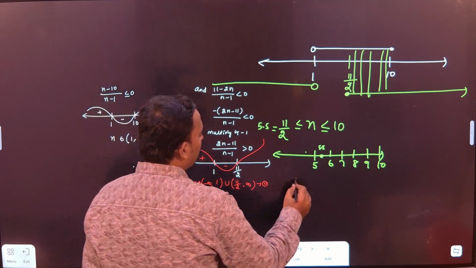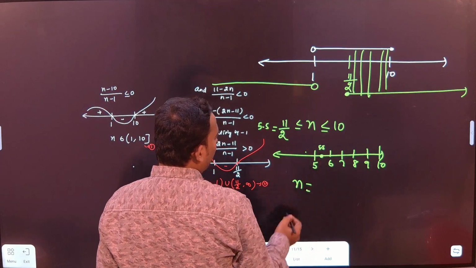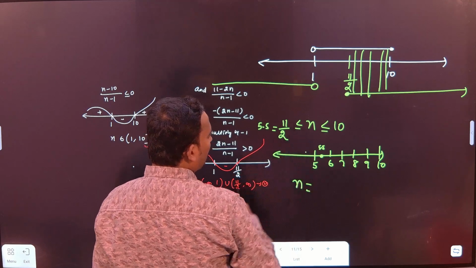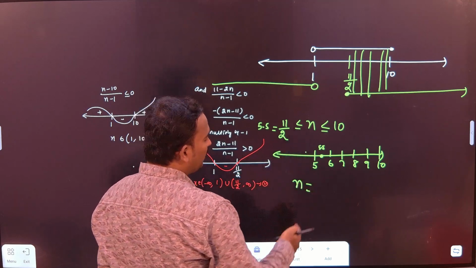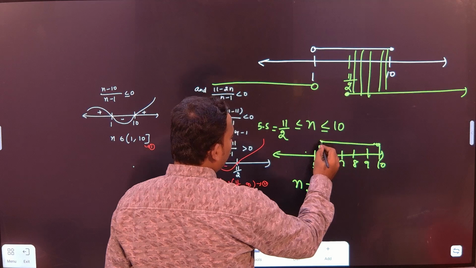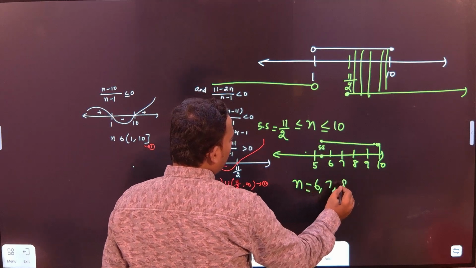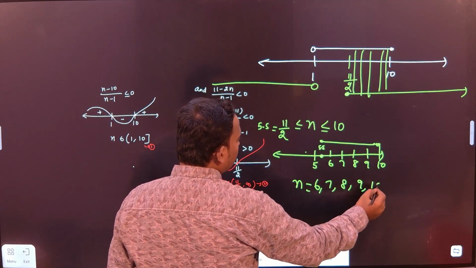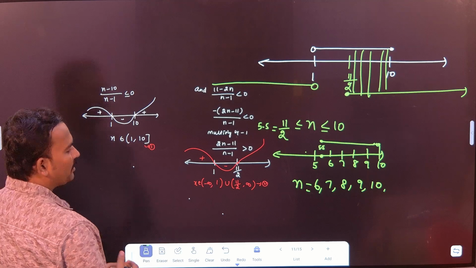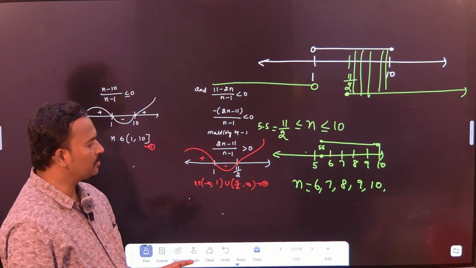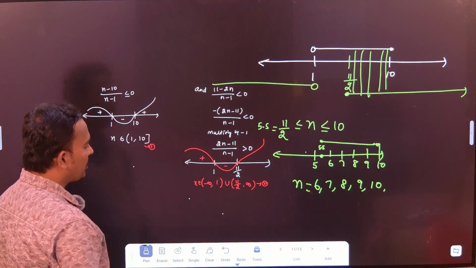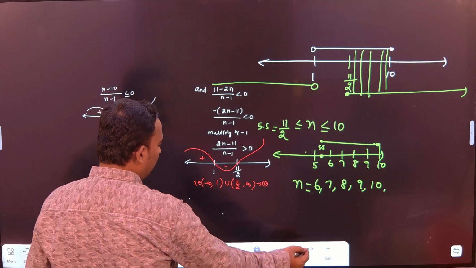What integer values are possible? Is 5 possible or not? It is not possible, because we need this interval. Therefore 6, 7, 8, 9, 10 only are possible. So we got the n values are 6, 7, 8, 9, 10. These are the integer values.